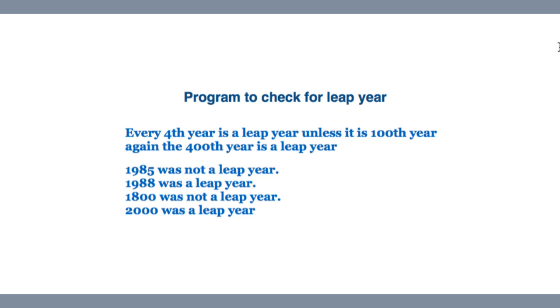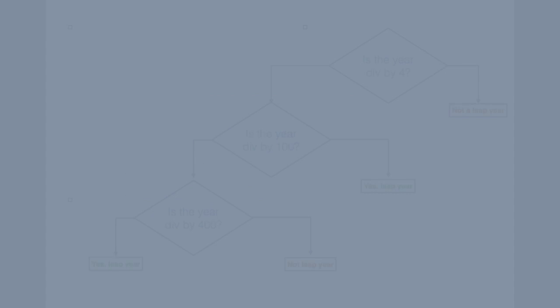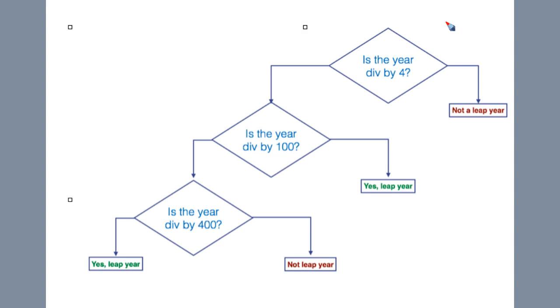Now first of all, let's go through the logical flow in order to determine whether a given year is leap year or not using a flowchart. This is the flowchart that actually represents how we can determine whether a given year is leap year or not. Here, this is the first decision that we need to take.